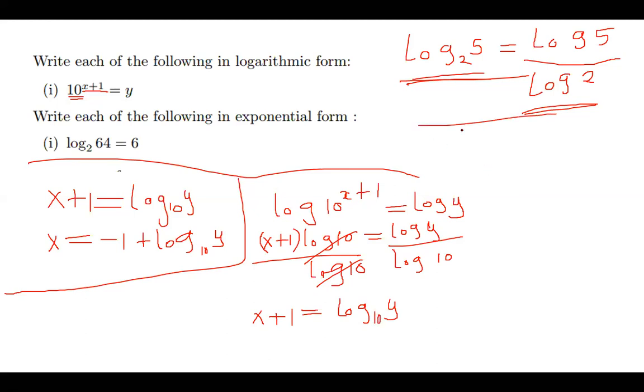Then you take the 1 to the other side of the equal sign, and you have something like this: log y, and since it's in base 10 you can leave out the base if you want.